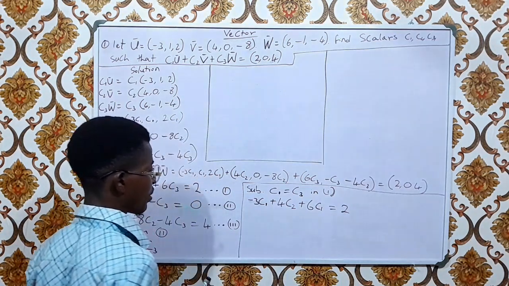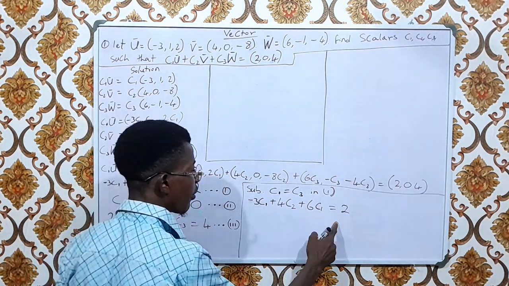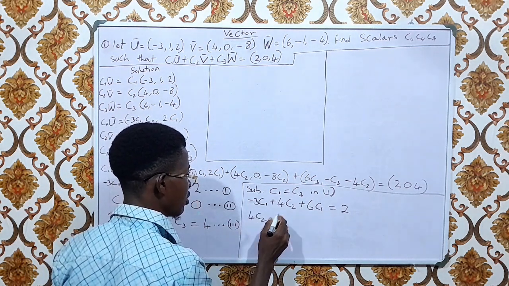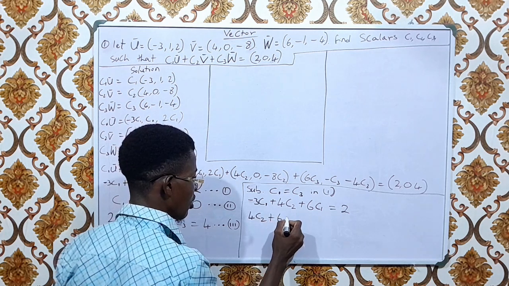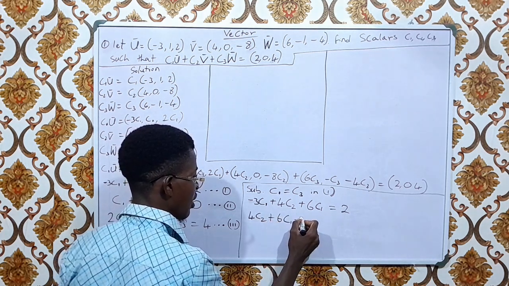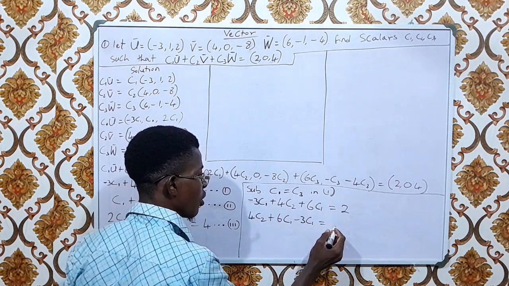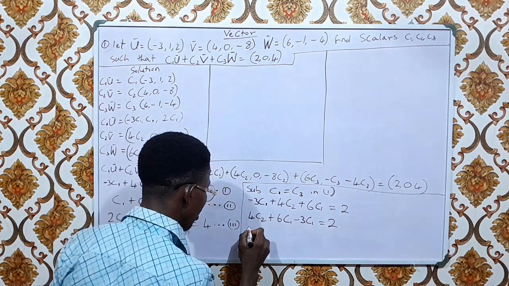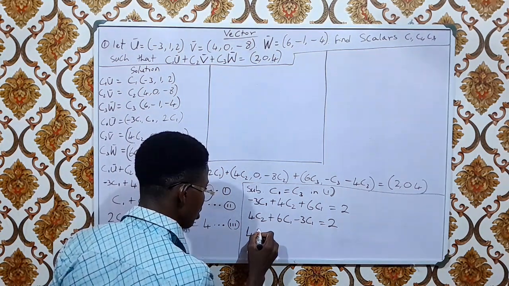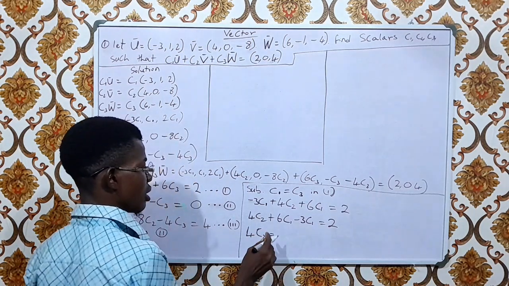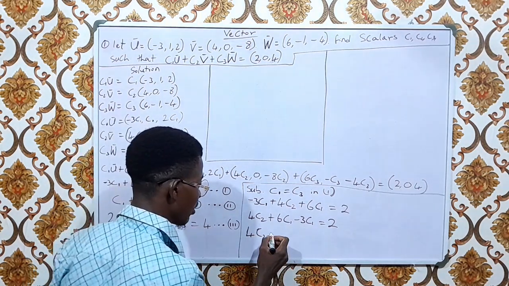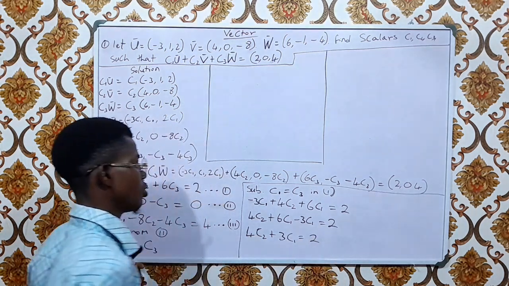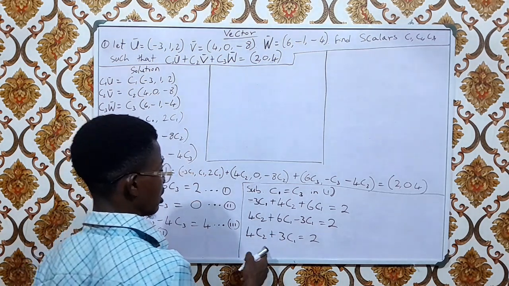We solve. From here we have 4C2, we take this one first, plus 6C1 minus 3C1 will give us 2. We collect like terms. So we now have 4C2, this plus this gives plus 3C1 is equals to 2.